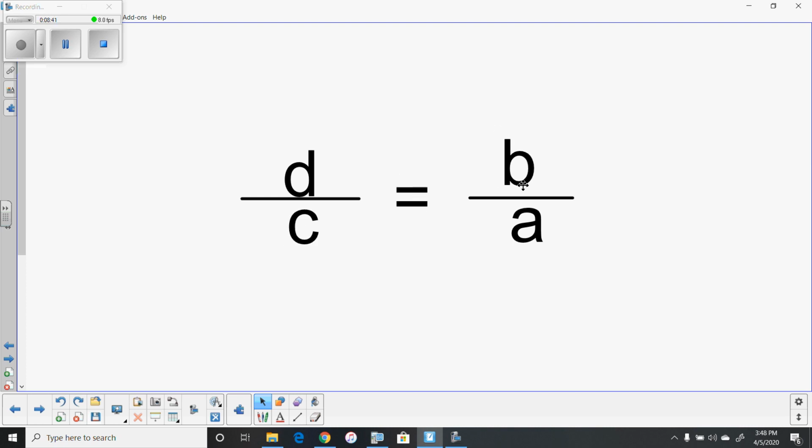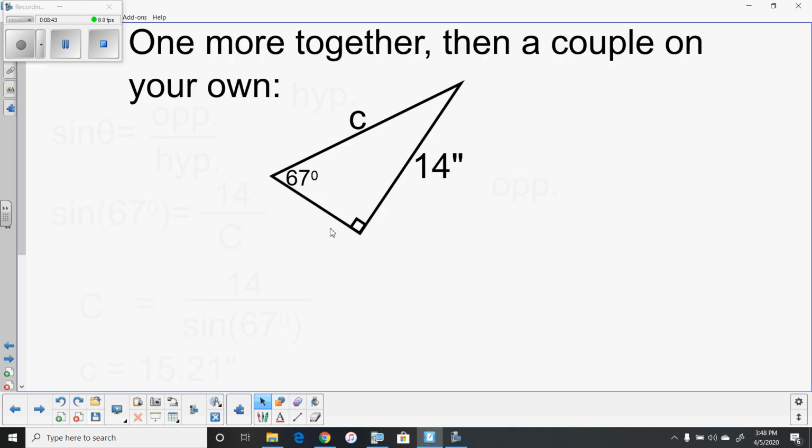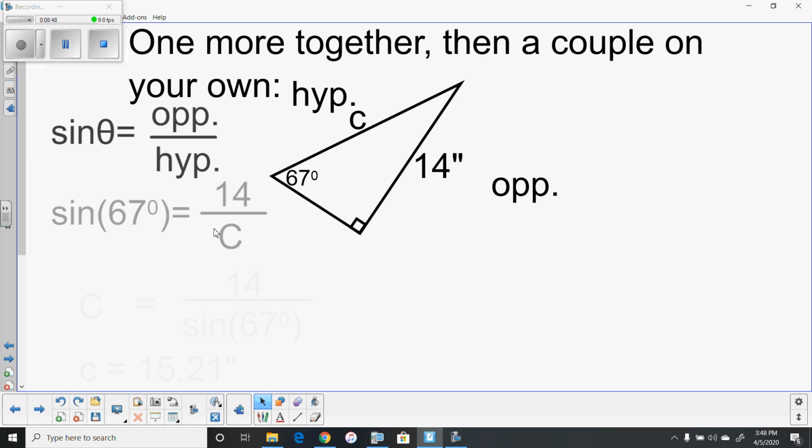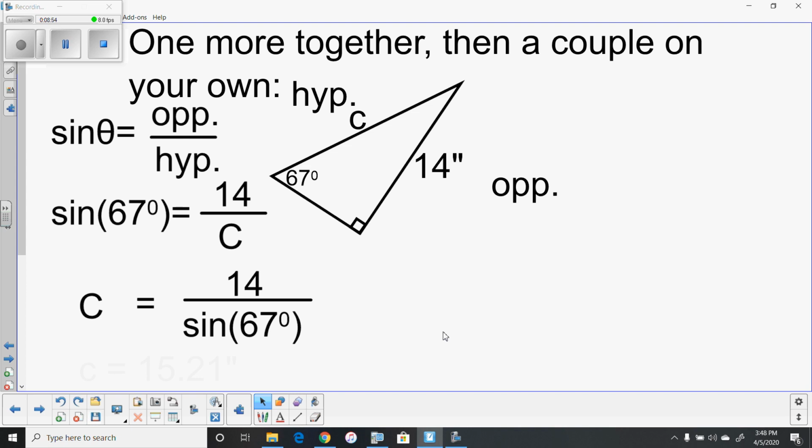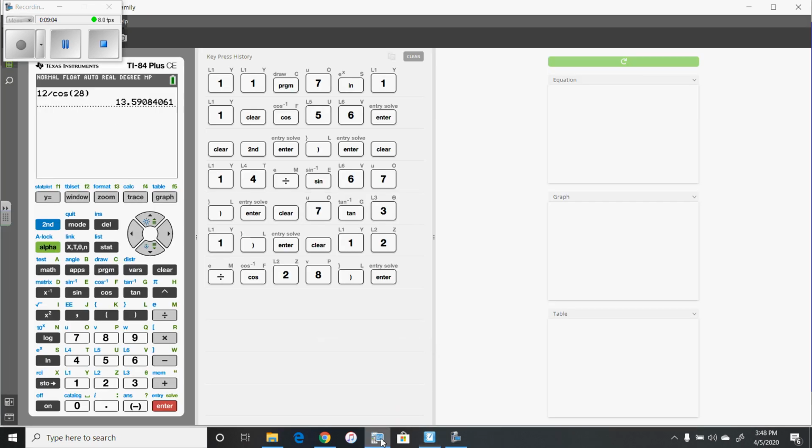And that's exactly what happened here. C is on the bottom, so I just swapped C and sine 67, and now C is by itself. 14 over sine 67 is exactly what I can put into the calculator. And we get 15.21.